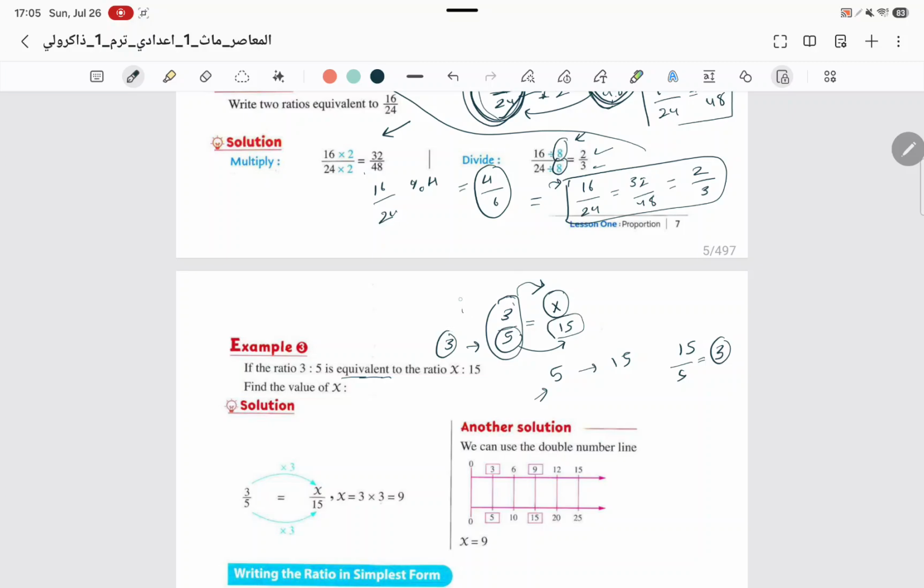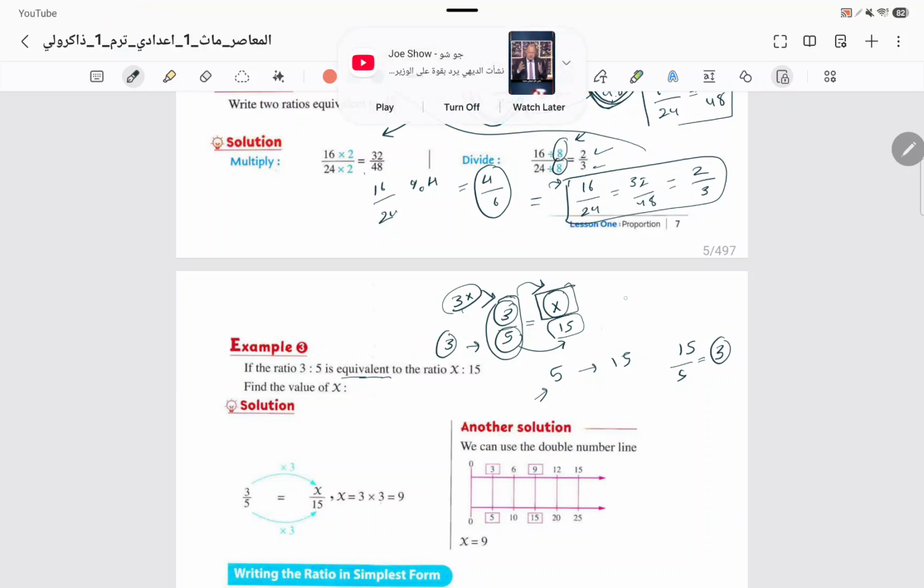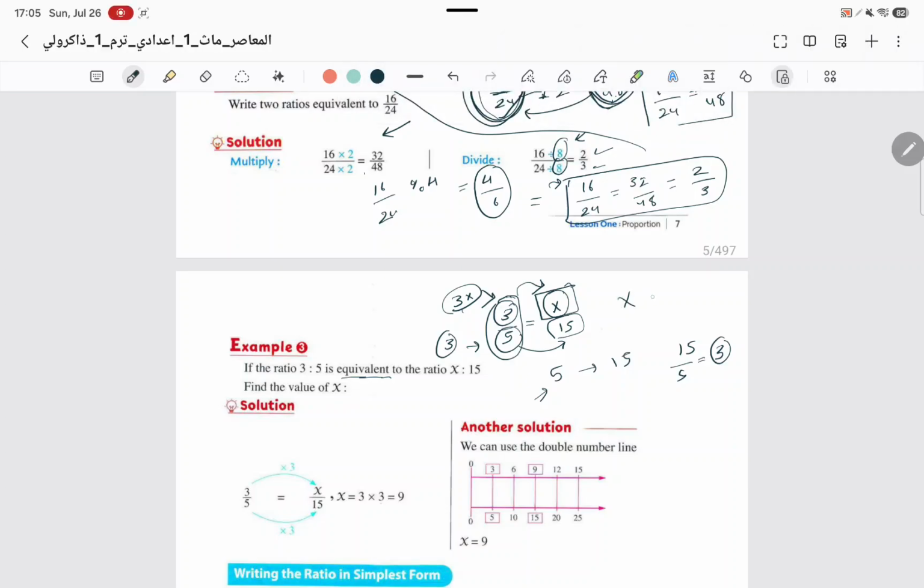So 3 is the same number that we will use here, multiplying with 3 here to know the x. So x is equal to 3 times 3, which is 9. Okay, so 3 over 5 is equal to 9 over 15. So the value of x here is 9.